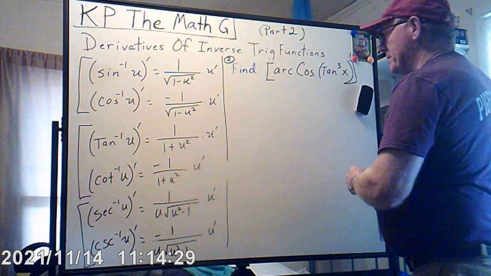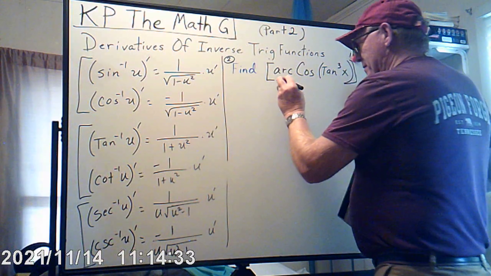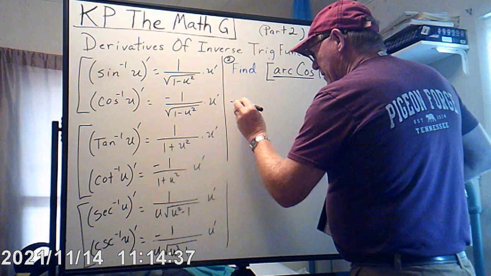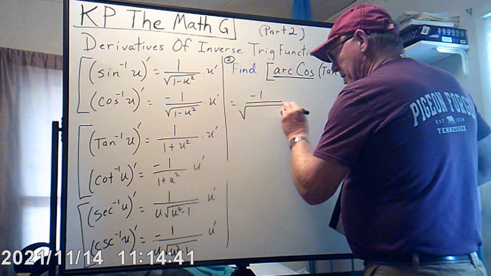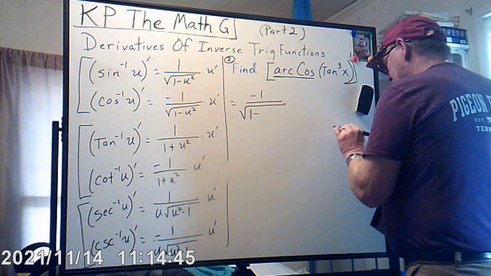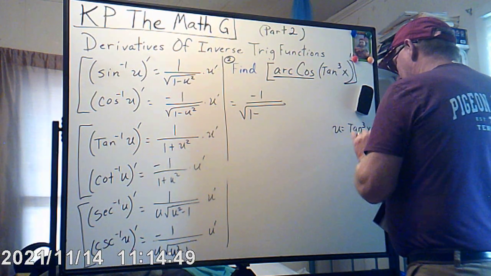Alright, so let's do that. Oh my goodness, you're doing so well. Here's the cosine. I'm doing arc cosine, so here it is. It's -1 over the square root of 1 minus, and of course u here is tangent cubed x.